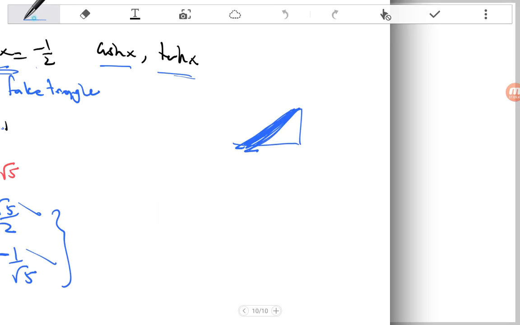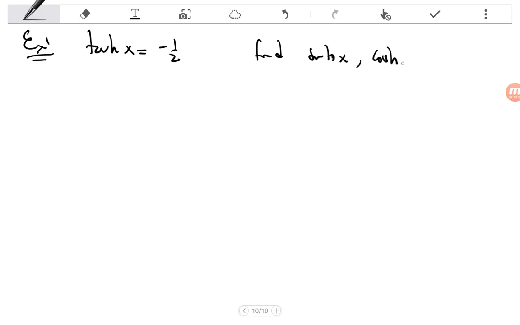What, for example, if I told you that tanh x is equal to negative half? If I told you that tanh x is equal to negative half, find sinh x and cosh x.